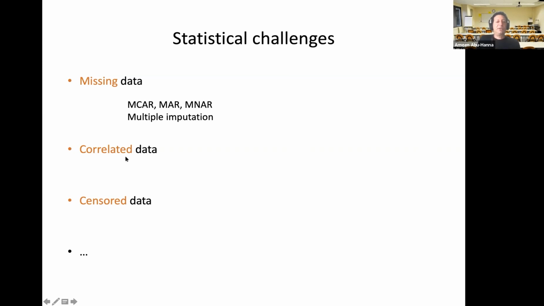Correlated data is also an issue. So if I have 6 measurements of each one of us now, blood pressures, they are correlated. I cannot put all the data and use the statistical machinery which is used for IID analysis. So there are approaches. In statistics, we use mixed effects models, for example, to do that.